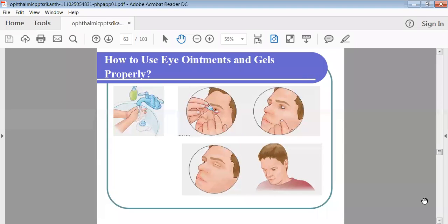Then slowly release the eyelid and keep your eyes closed for a particular period. Until the complete absorption of the dose, we should not open the eyes. So this is the correct way for the application of ointments as well as gels.